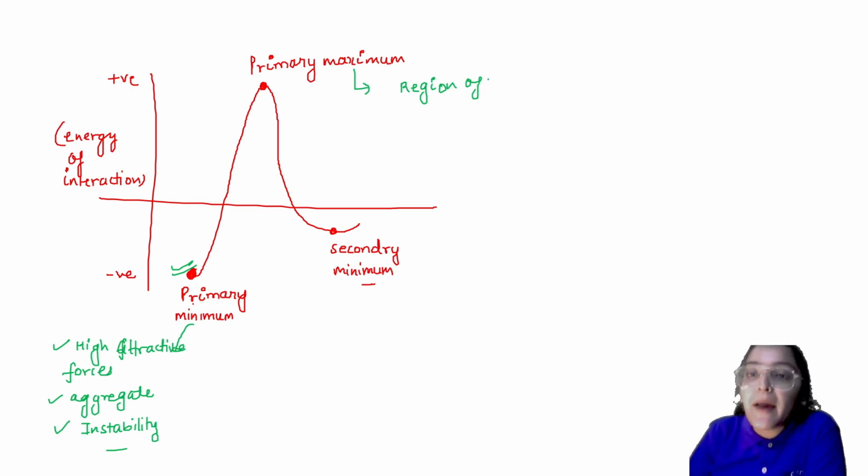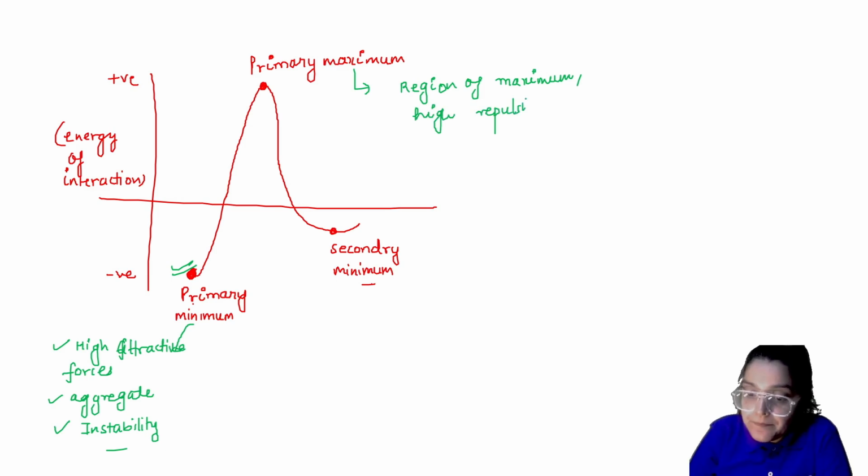So the primary maximum is the region of maximum or high repulsion between the particles.